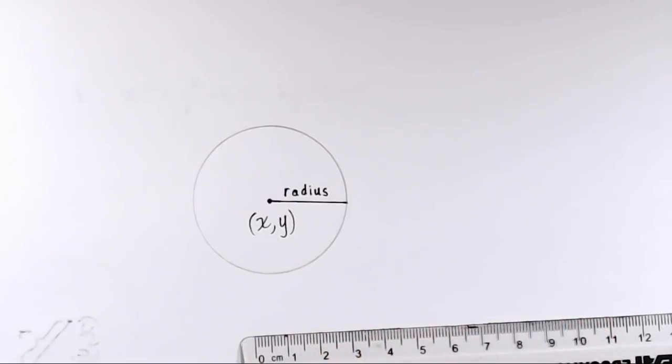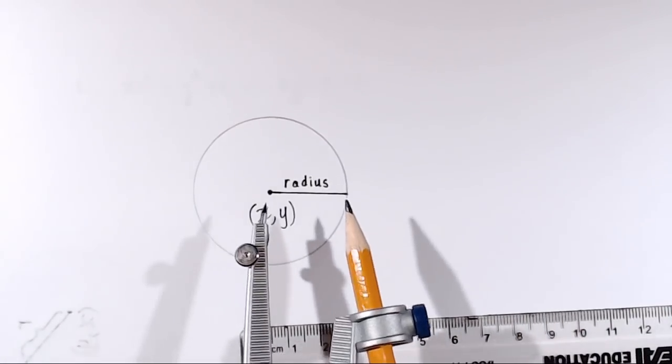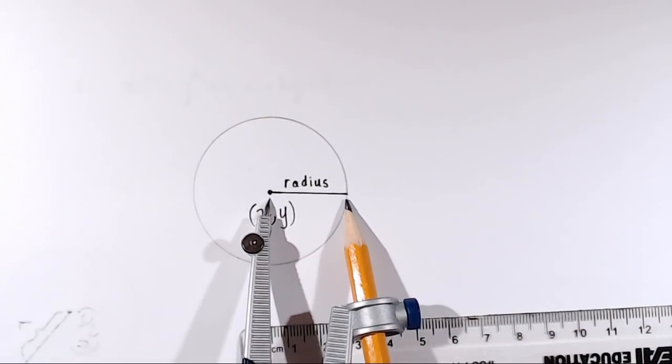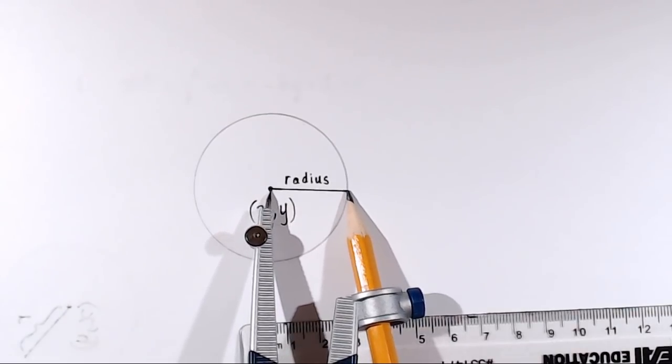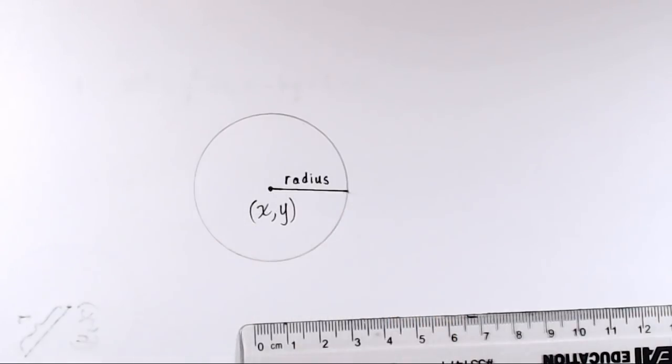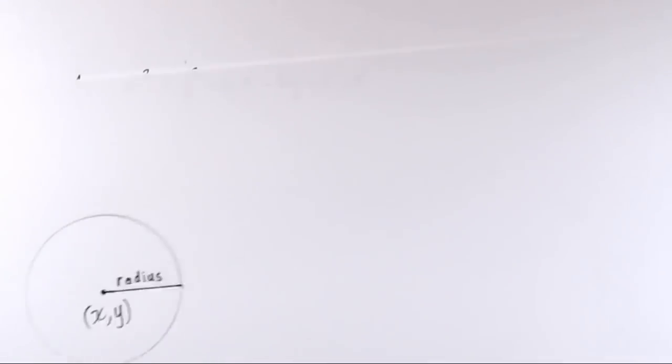That's the distance that we measured with the compass. It's the distance between the tip of the compass that's at the center of the circle to the tip of the pencil at the edge of the circle. So those are the two things we're trying to find.